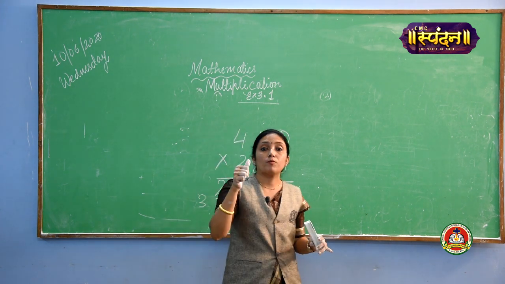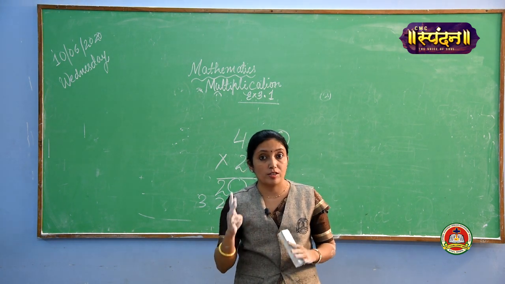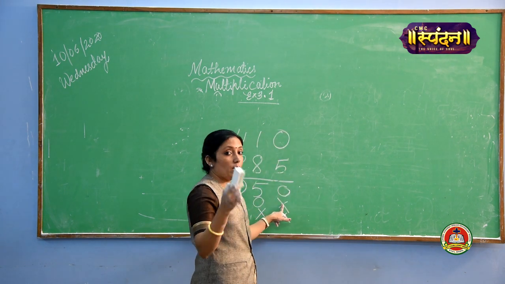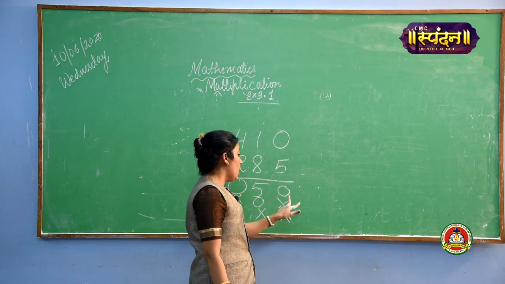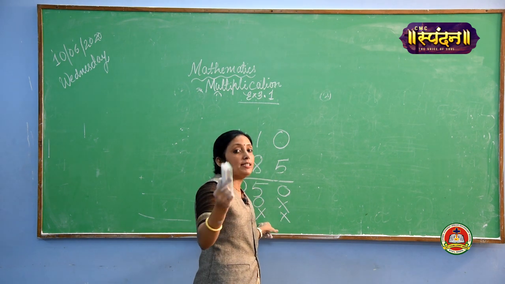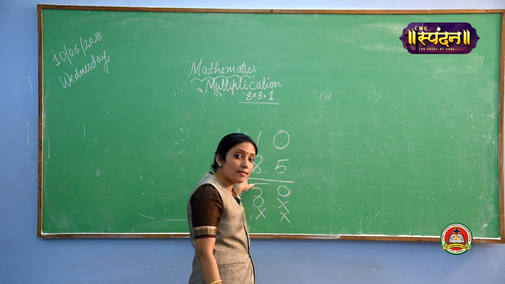This is a thing you need to remember in 3-digit multiplication, children, that the first time you are putting a cross, then the second time again a cross on the ones place, and on the tens place also a cross, because we are done with both places. We are starting with which place? Hundreds place.